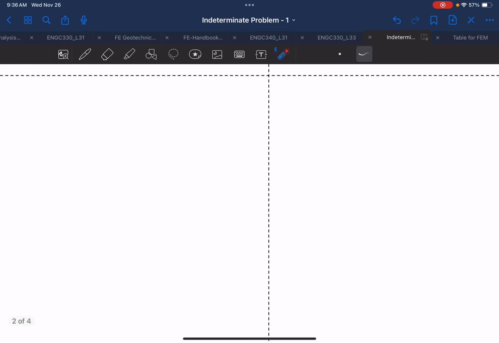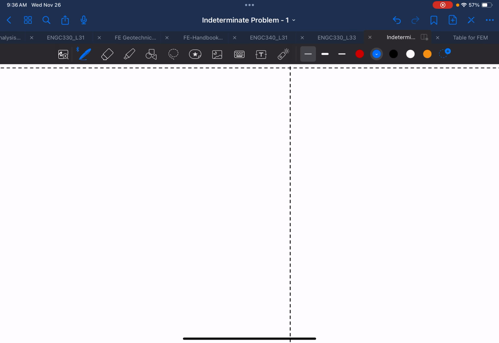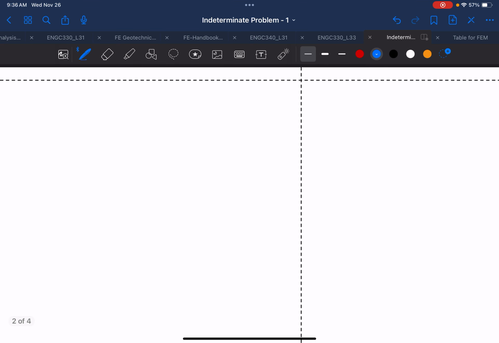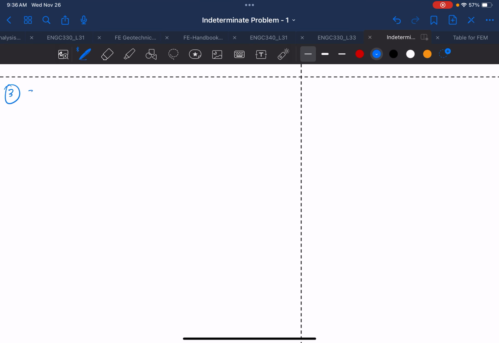Once you have the fixed end moment, now the third step is to use the slope deflection equation. And for this, we are just going to write the formula.